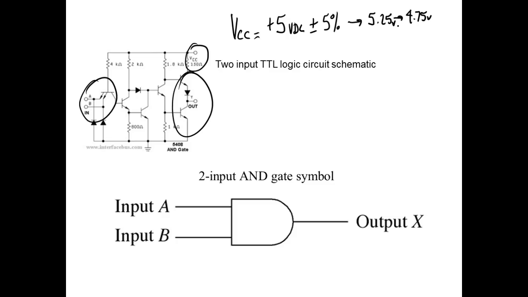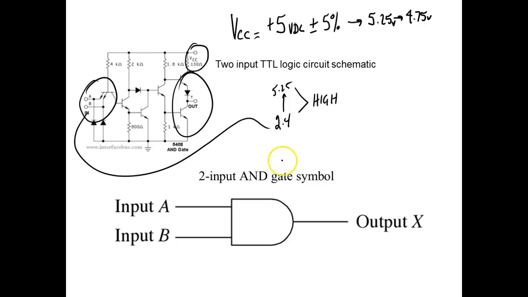Does that make sense? Now, what TTL does is, anything above 2.4 volts is a legal high. So this would be 2.4 volts up to 5.25 volts, right? And anything between 400 millivolts down to 0 is considered to be a low.